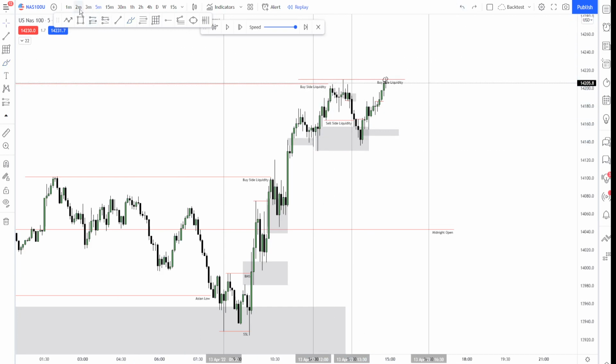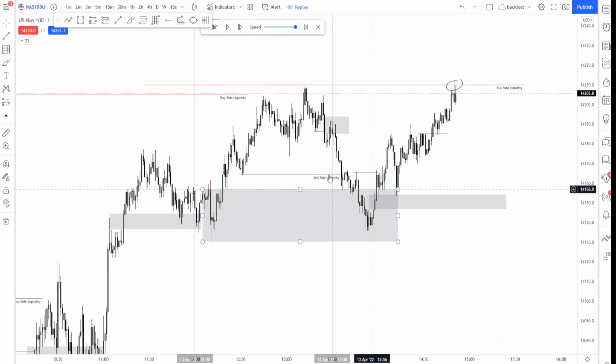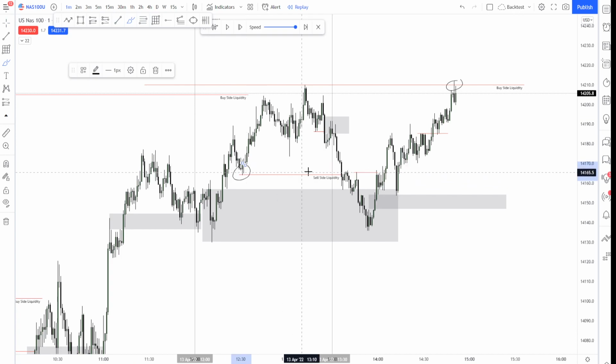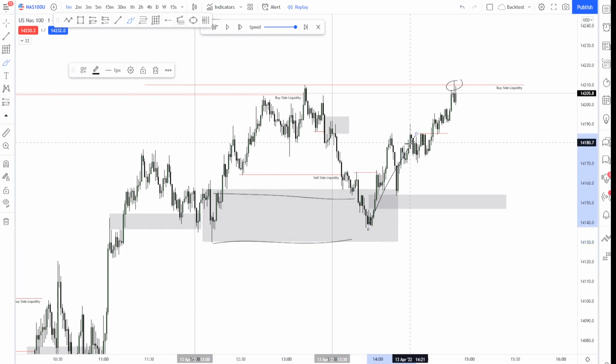Then for the PM session, we went on the 1 minute and had to look at where the liquidity was. Sell side liquidity right here, buy side liquidity was here. Price took the buy side liquidity, hunted sell side liquidity from this area down to here, and then price came into this order block area and continued up into the buy side liquidity.